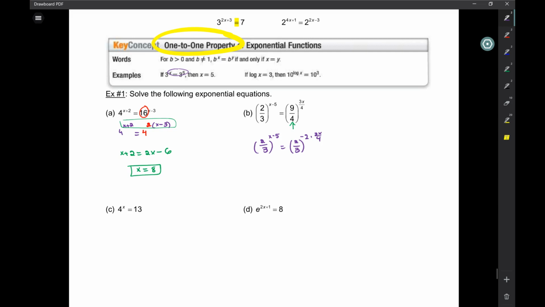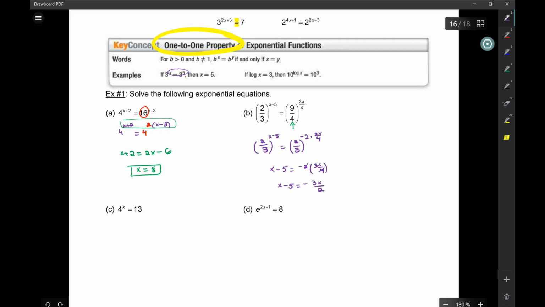So here we have x minus 5 is equal to -2 times 3x/4. So that's just -3/2. X minus 5 is equal to -3x/2.